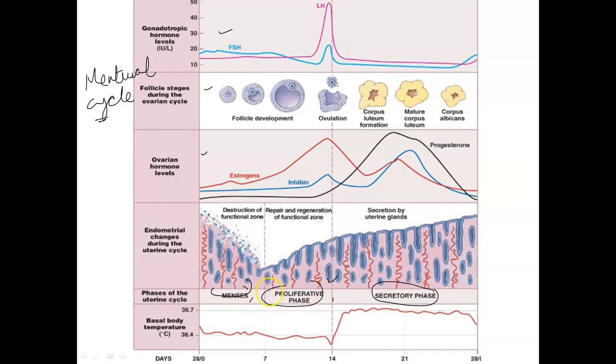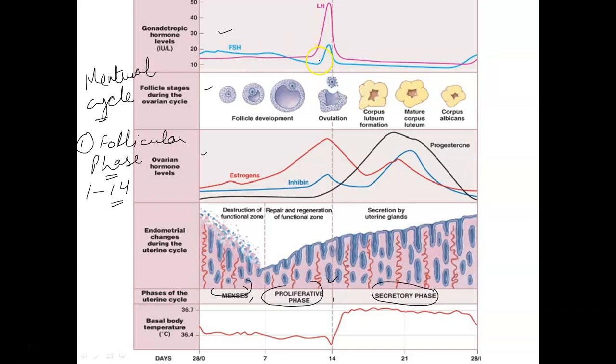So we start with the first phase, the proliferative phase, also known as the follicular phase, which occurs from day 1 to 14. In the proliferative, or follicular, phase there is a high amount of FSH and LH.